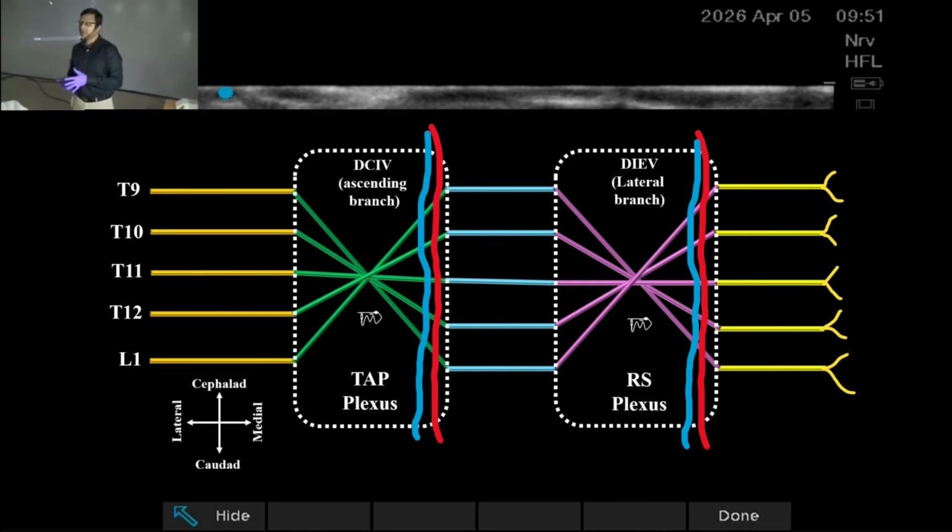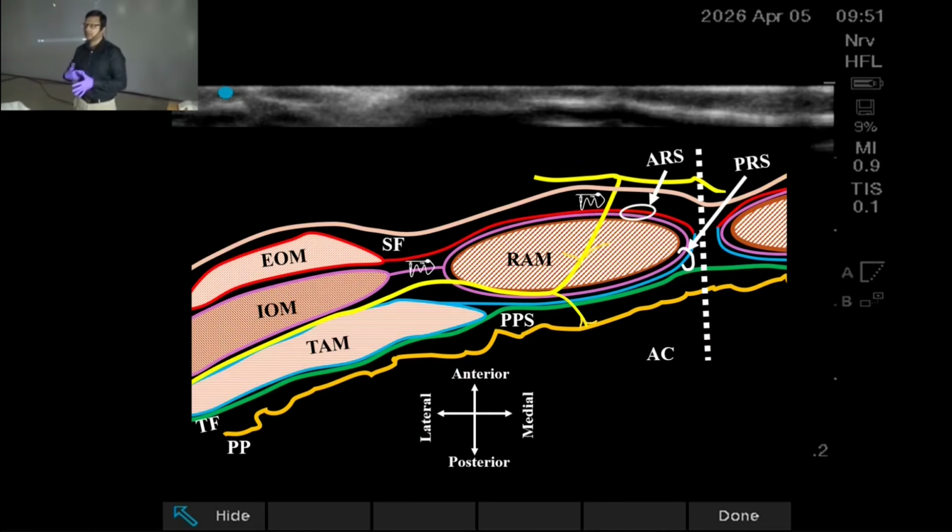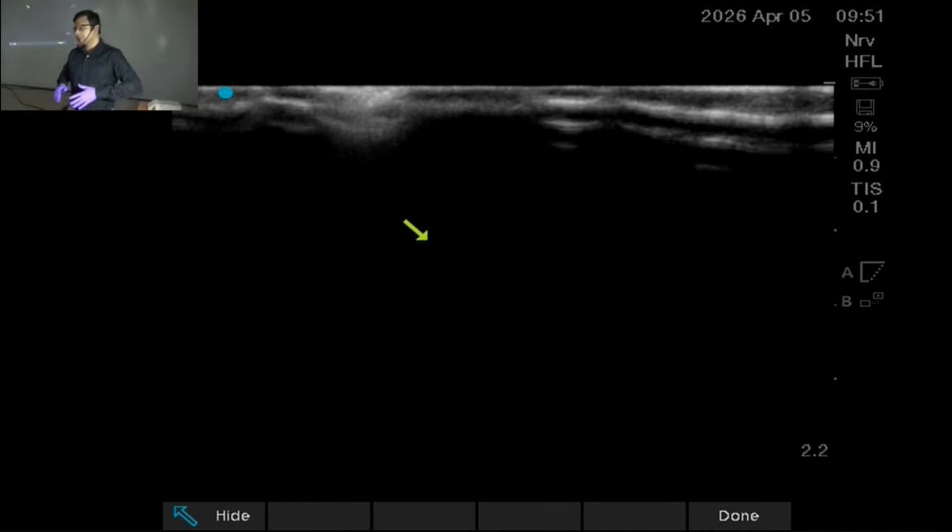From that plexus the cutaneous nerves come out and ultimately supply the skin and subcutaneous tissue. This is the usual course of the nerve. It is not like a single unsegmented nerve supplying. Those dermatomes you have seen are not correct.